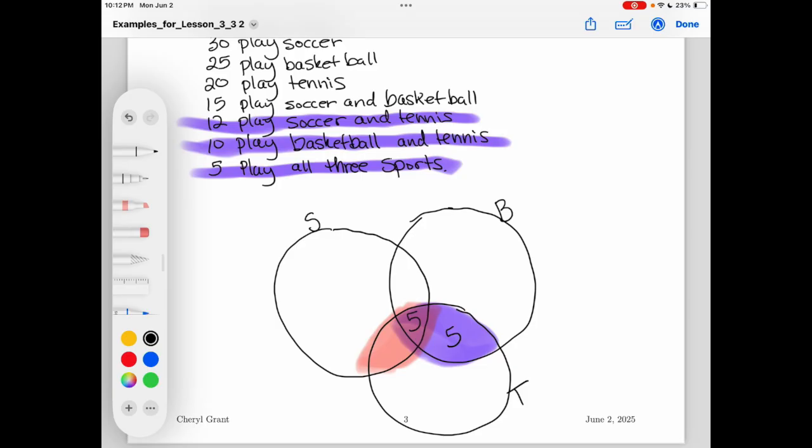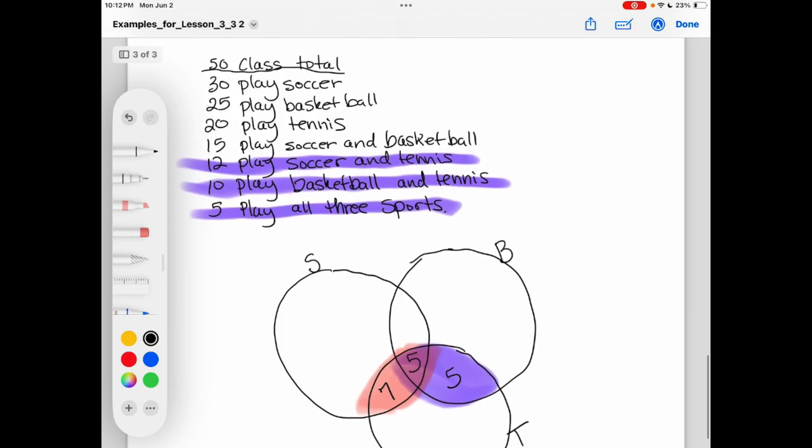We already have 5 in that overlap area, so we want 7 to be left to give us a total of 12. So only 7 play soccer and tennis, but 5 play all 3. But that group of 5 is still in the group that play soccer and tennis.